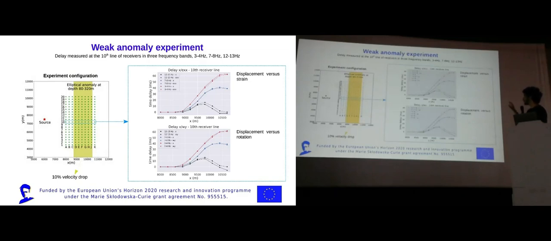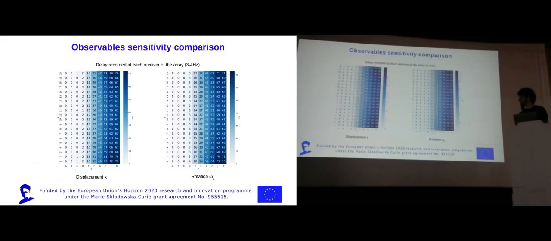But what we want to show mainly here is that if we look at the different observables, we do not see any significant difference in terms of time delay if we look at the wavefield or at its gradients. And this is also shown here, in which we have a plot in which each number identifies a receiver of the array, and we have the displacement and the rotation on the right.